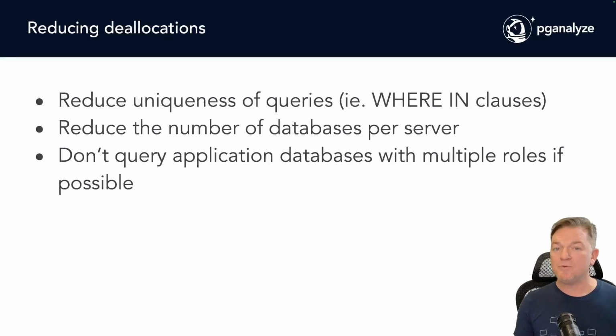So you might need to, at some point, begin to break off and have more servers with fewer databases. And finally, make sure that your applications aren't querying the databases with multiple roles if it's not necessary. Again, the same exact SQL statement executed by multiple roles will produce individual statements inside of pg_stat_statements. And so we're trying to reduce those things.